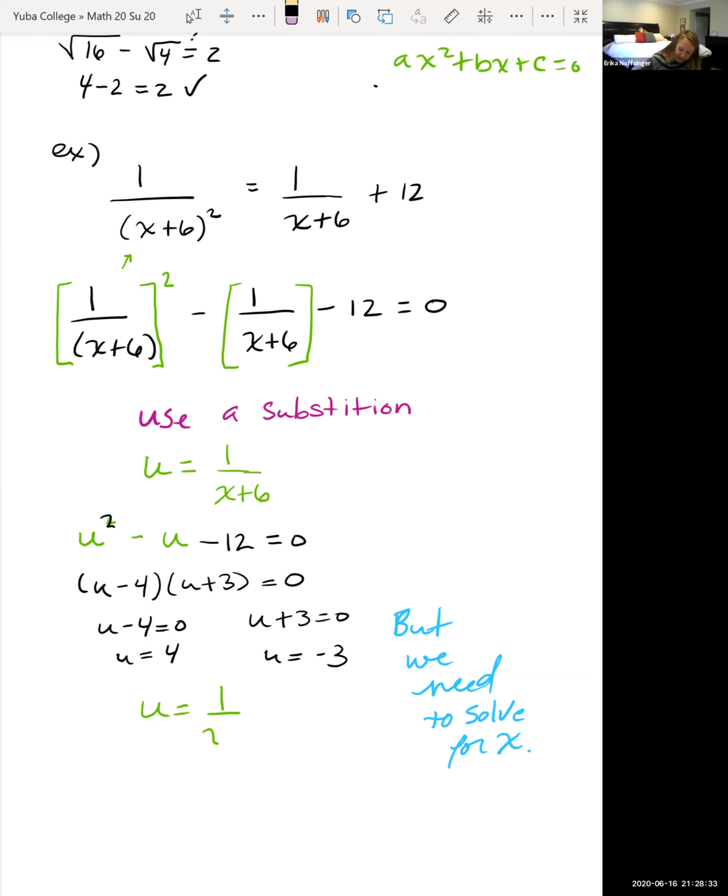So technically, we can rewrite this as two separate equations, one when u is 4 and one when u is negative 3, and solve for x. So if we go back in here, we're looking at 4 is equal to 1 over x plus 6. And we're looking at when is negative 3 equal to 1 over x plus 6.